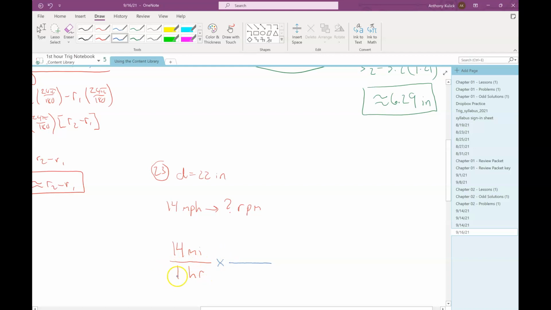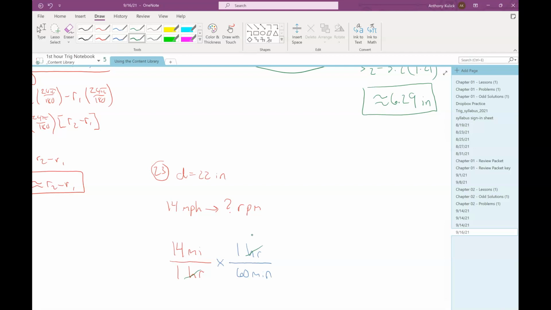So I want to convert this from being per hour to being per minute. So I know that 1 hour has 60 minutes. And I remember that the units have to line up diagonal, so that's how I know that the 1 hour is going to go in the numerator. So far, so good. So when we multiply there, the hours are going to cancel, and now I'm in miles per minute.